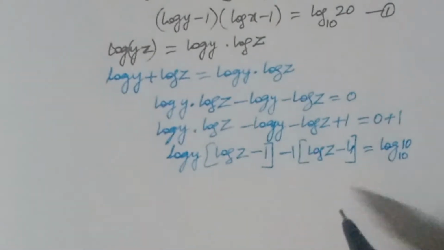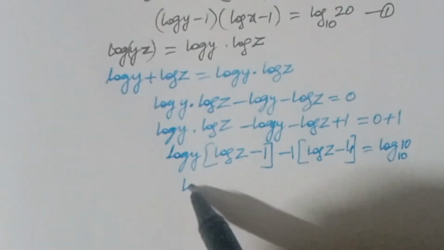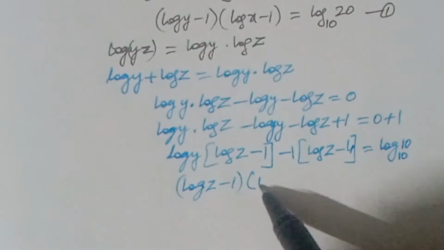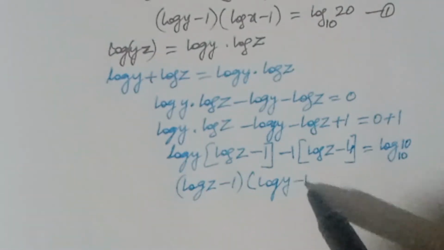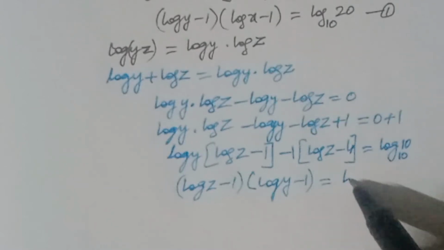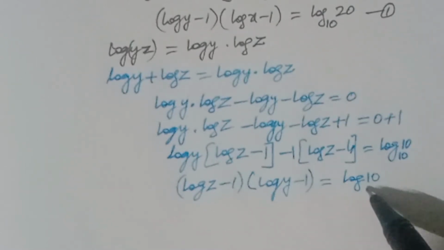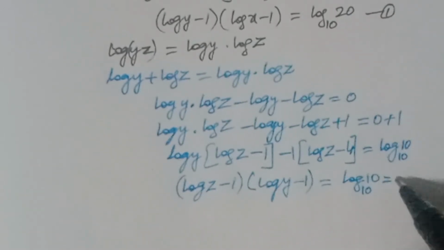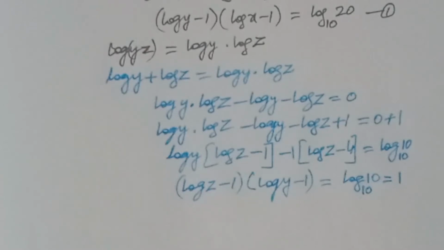So here we are getting log z minus 1 into log y minus 1 is equal to log 10 base 10. So the log 10 base 10 we are having is equal to 1.